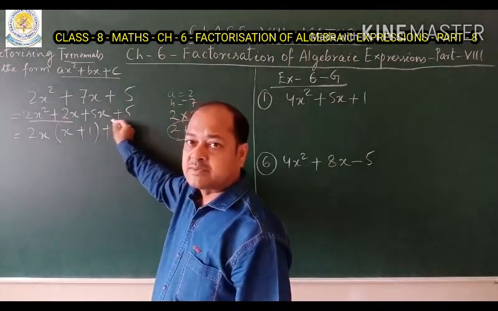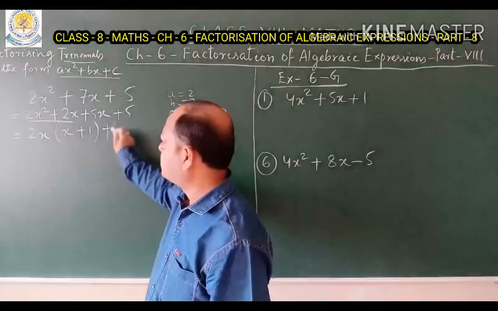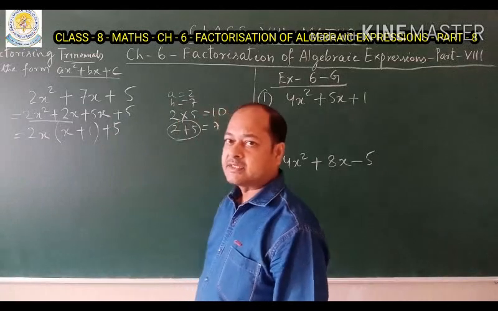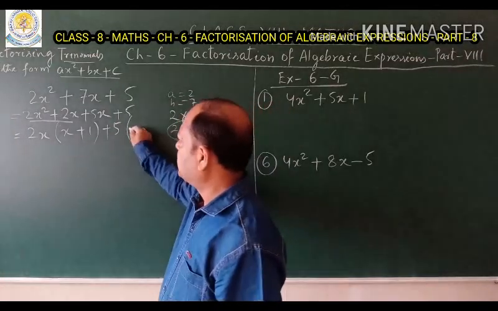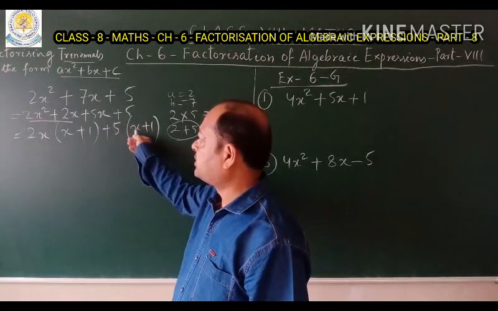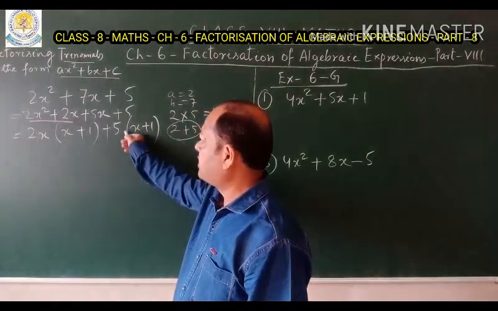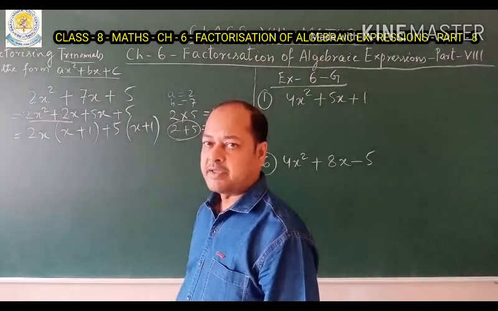Plus from 5x plus 5 you can take 5 as common. If you take 5 as common, it will be x plus 1 inside the bracket, because 5 into x will be 5x, 5 into 1 will be 5.